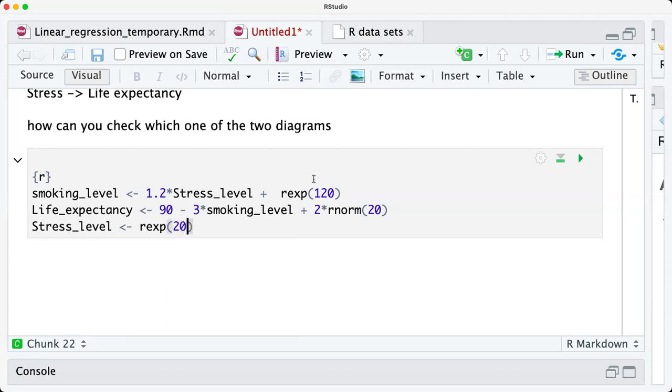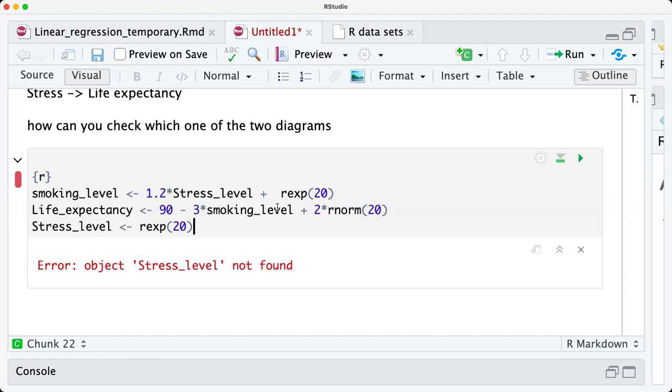So now we have the data. Okay, this is given to you. We have your experiment.